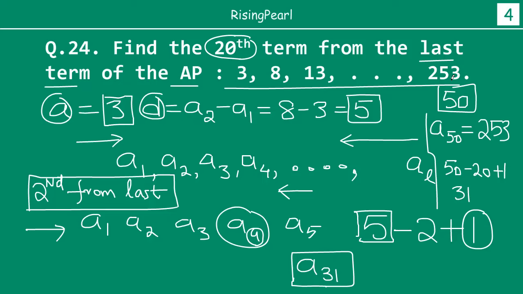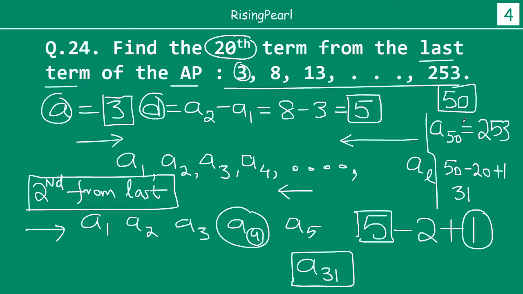Now I'm not going to actually solve this. You can find out how many terms are in this series if the series starts with 3, the common difference is 5 and the last term is 253. In the last few questions we have been solving this and finding how many terms. So you will get a number, like 50 or any other number, and then we simply find the 20th term from last as that number minus 20 plus 1.